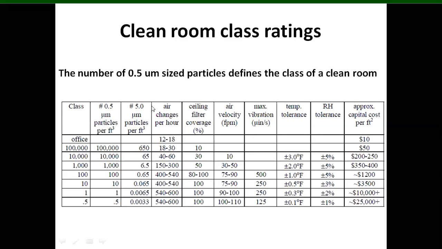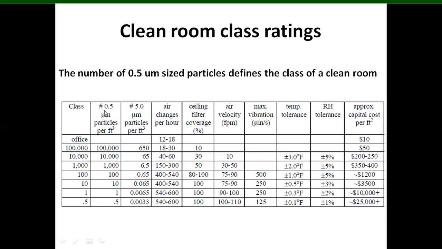For example, here you can see this column is about the class: office, ordinary office, and then 100,000 class, 10,000 class, 1,000 class, 100 class, 10 class, 1 class, 0.5.